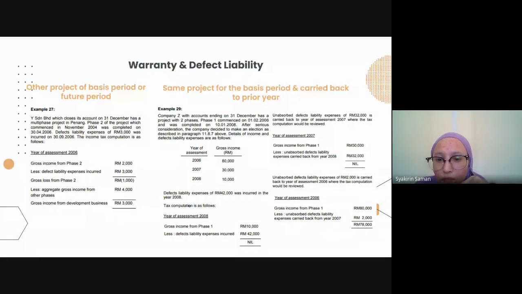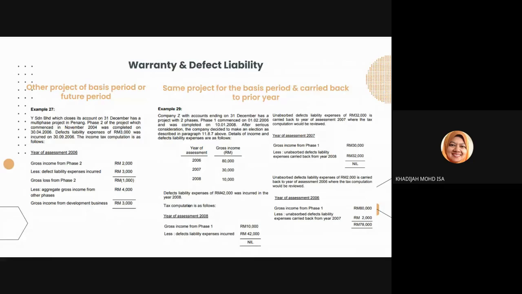The gross income from phase 1 in 2007 is only 30,000. So it means that they still have unabsorbed expenses of 2,000. So the unabsorbed expenses will be carried back to year of assessment 2006.